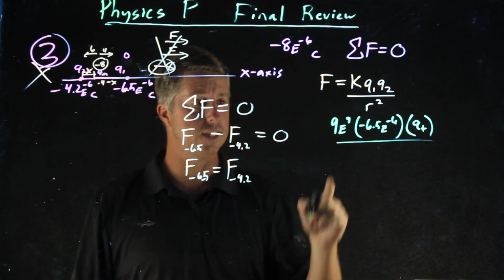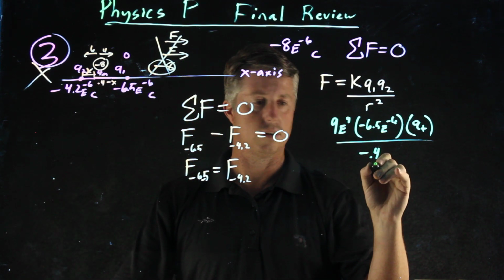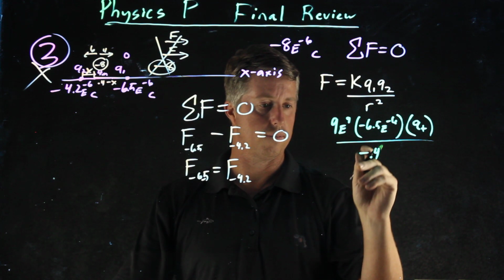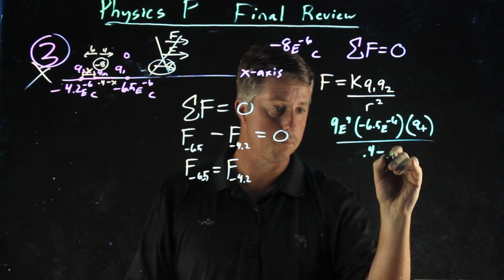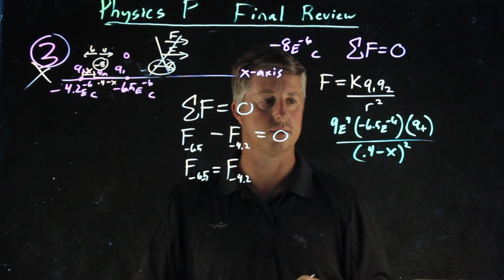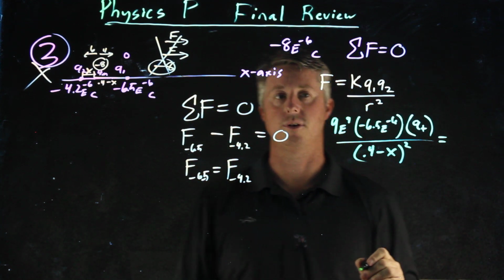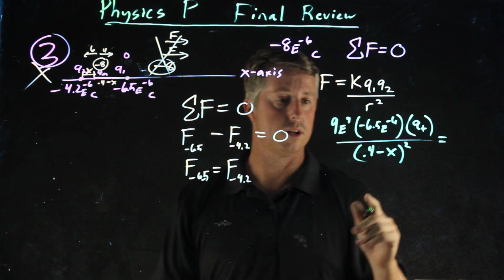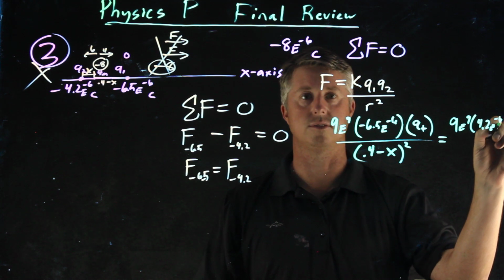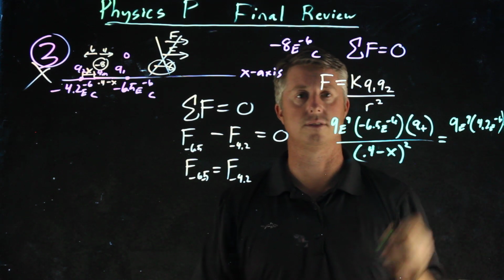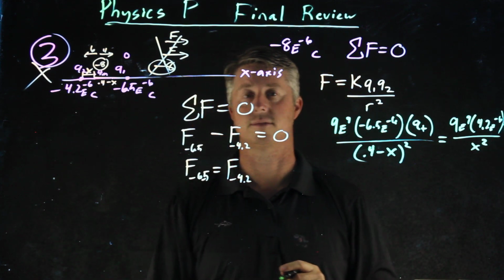All over the distance, and the distance to the 6.5, which is here, is 0.4 minus x, and that's squared. Okay. On the other side here, I will put my other force due to the 4.2. So this would be 9 times 10 to the 9, 4.2 times 10 to the negative 6, and the test charge. All over x squared, because the distance between here and here is x.